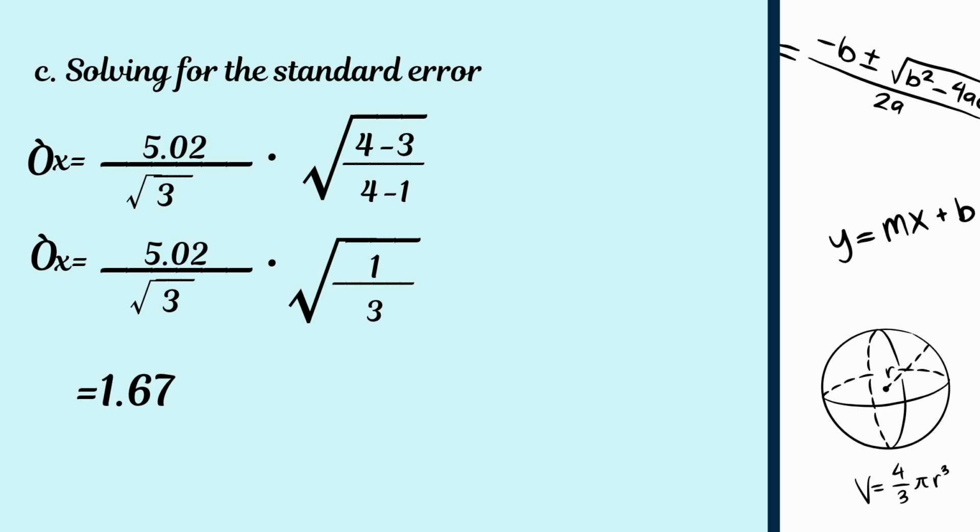So, the standard error of the mean is approximately 1.67. So we found the population mean to be 17.5, and we calculated the population standard deviation as 5.02. And finally, we used these values to find the standard error, which is 1.67. So I hope our explanation was helpful.